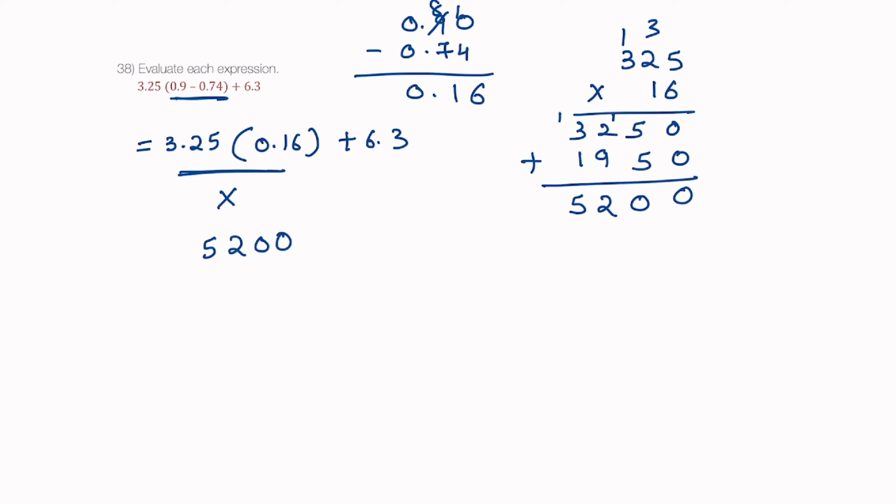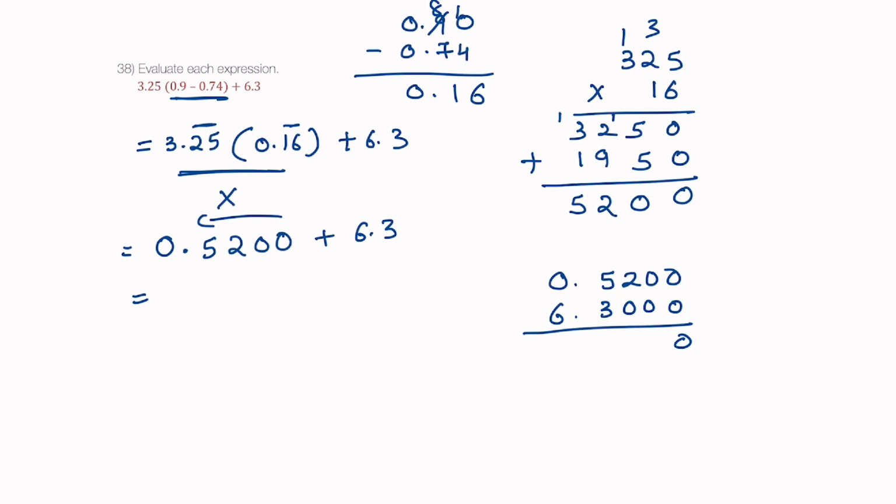How many digits? 2 and 2, 4. So, I have to count 4 this way, which means I have to put my decimal point here. Plus 6.3. What's the answer for this? 5200. That's a decimal here, and that's 6.3. And all these zeros I can put here.